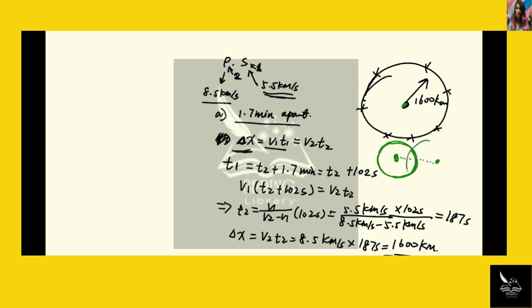Usually, if you draw a circle around each station, you will have two overlaps. So you will have two potential locations for the earthquake, because both points have the same distance to each station. So even with two stations, you still cannot tell where the epicenter is.